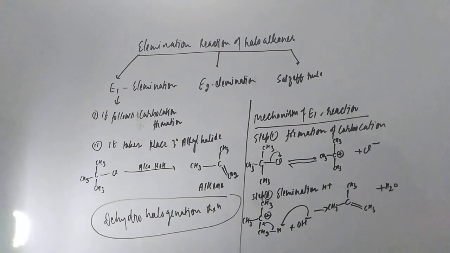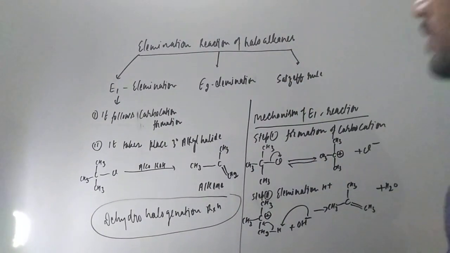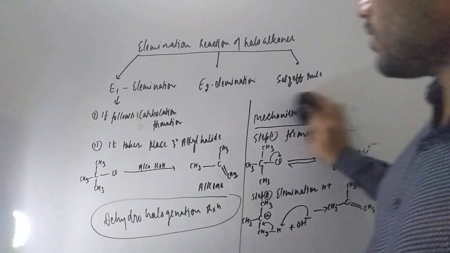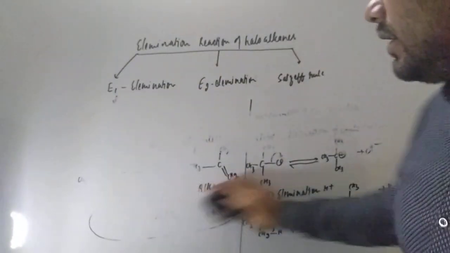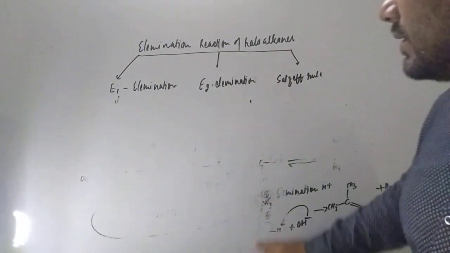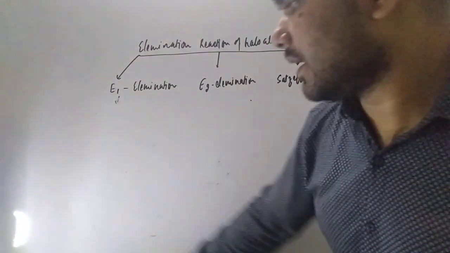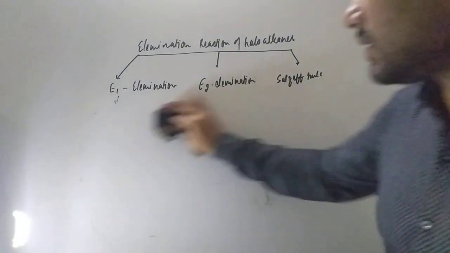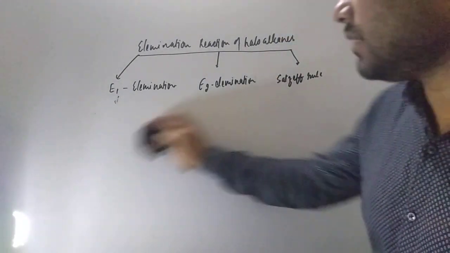Now students, we are going to understand the E2 elimination reaction. The E2 elimination reaction follows just like the SN2 reaction. It generally takes place in 1 degree alkyl halide, and that reaction is also known as beta elimination reaction.